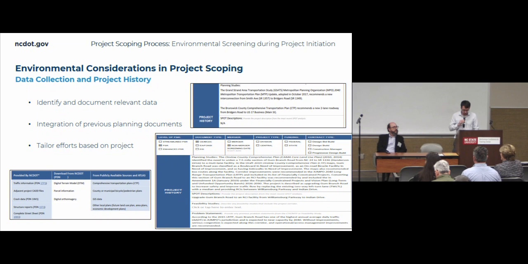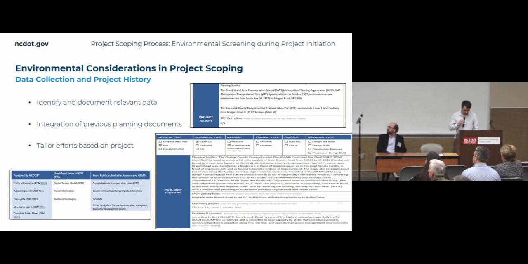And so through this step, we can learn what work was completed during long-range transportation planning, whether it be a comprehensive transportation plan or a metropolitan transportation plan, or any other relevant documents. We can learn about the background of the project that led to the submitter's desire to submit this project in the SPOT or to consider submitting it in the SPOT.